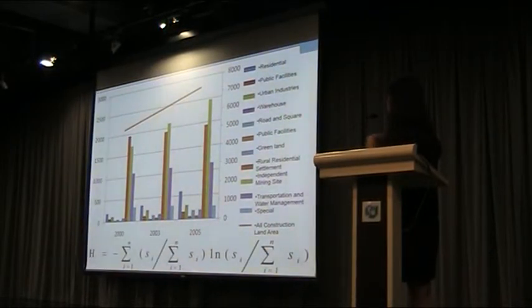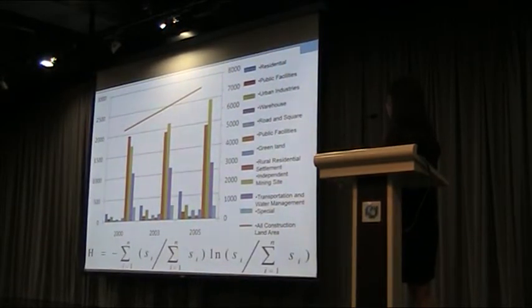The more land use types there are, and the smaller the area of each type is, the higher the entropy will be. So the higher the value of entropy means that we have more diverse land use in the construction land use pattern. So we have such a logic.